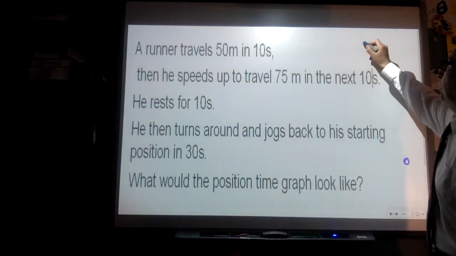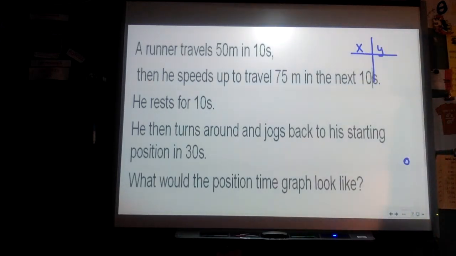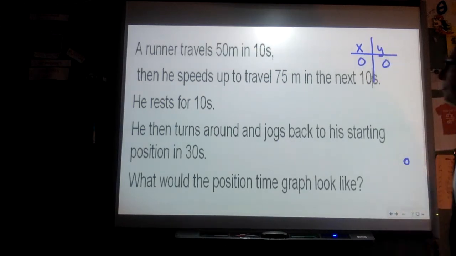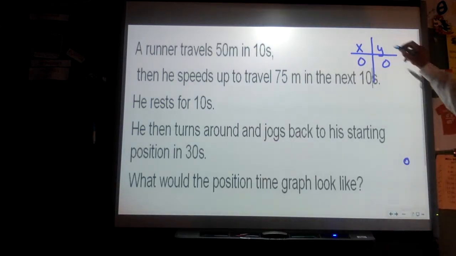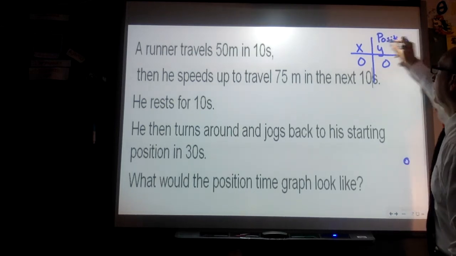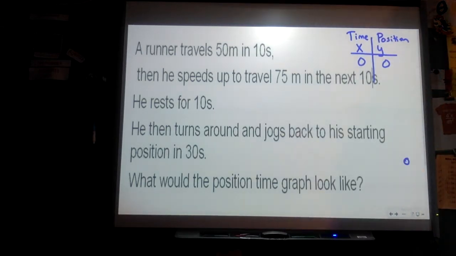I'm going to make a chart of XY values. And so I'm going to start at 0, 0. Remember that it's position versus time. So this is going to be my position. This is going to be my time.